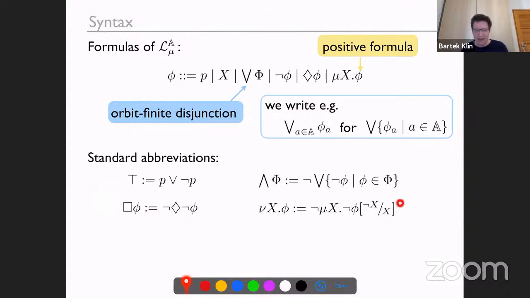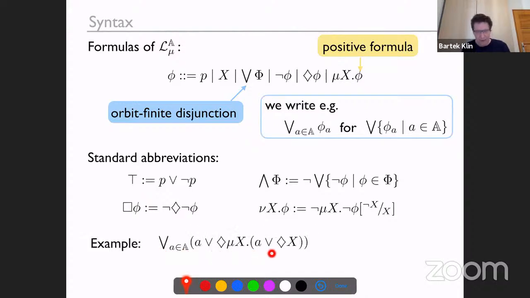There are some standard abbreviations so I can still speak about the greatest fixed points. Well, conjunction and also the box modality. This is all completely standard, as it works exactly as in the classical case. So as you see, the syntax is essentially the same as in the atomless case.